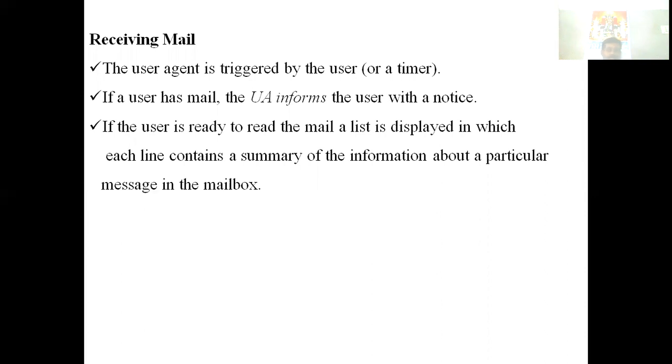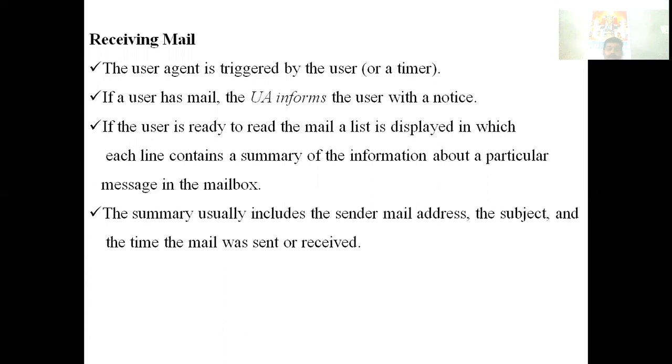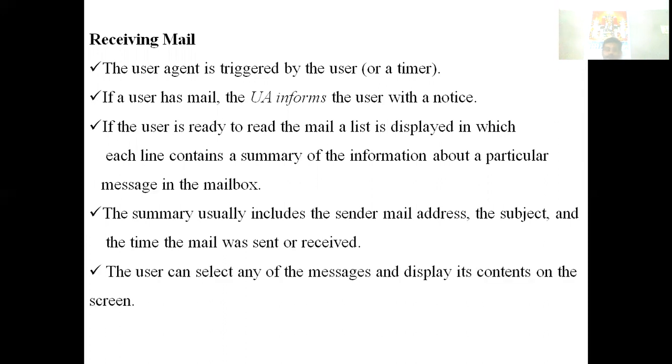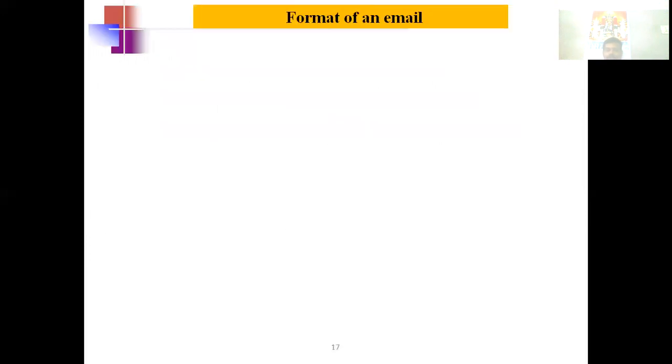The summary includes the sender, the subject, and the time the mail was sent and received. So the user can select any of the messages and display its content on the screen.